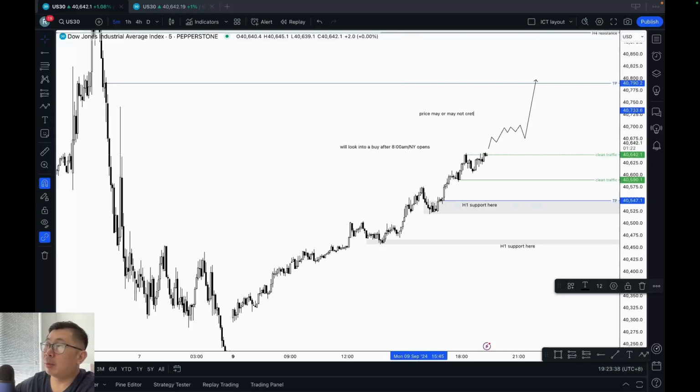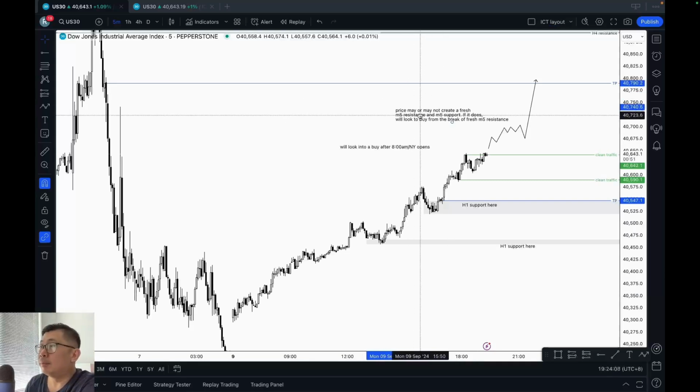As I said, price may or may not create fresh support, fresh resistance on the 5 minutes. Yeah, and I said if it does, we'll look to buy from the break of the 5 minutes resistance.